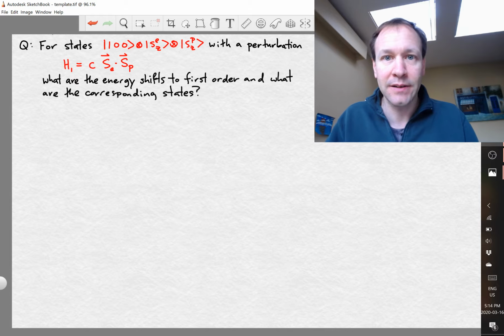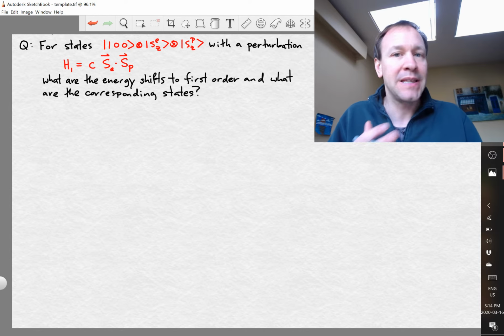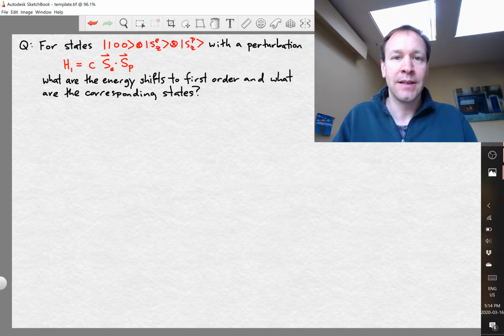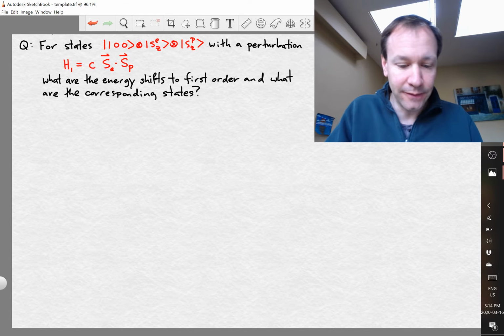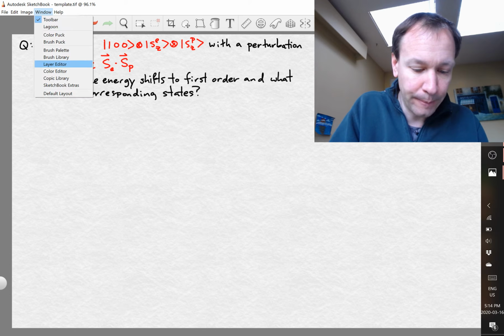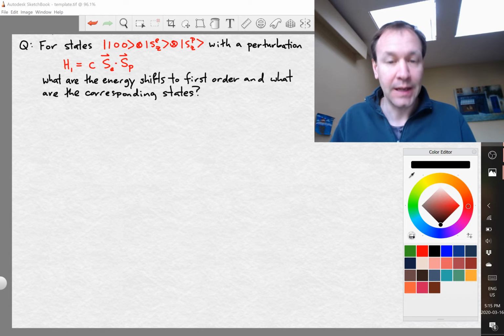Okay, and so we want to understand in this question, if I start with those states and I add that operator, what are going to be the energy shifts and what are going to be the various states corresponding to these energy shifts? Okay, so let's get started.